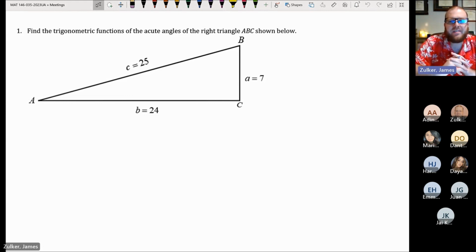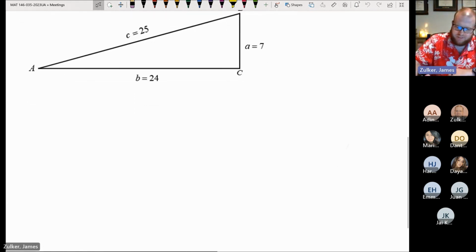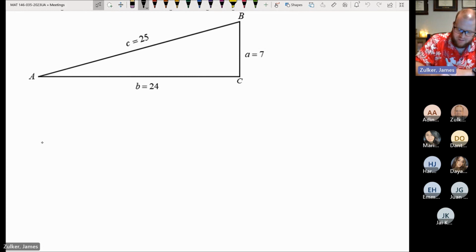We're going to find the trigonometric functions of the acute angles. That's an acute angle, A, right?